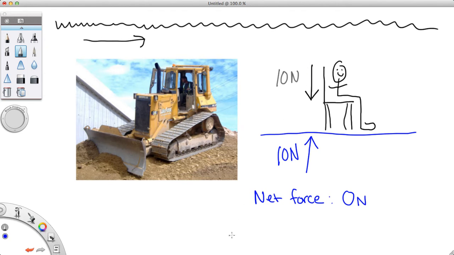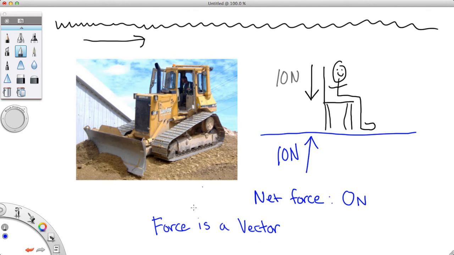Now, force is a vector. You should remember from our last unit when we were talking about vectors, vectors have magnitude and direction. So they have a size and they go in a direction.